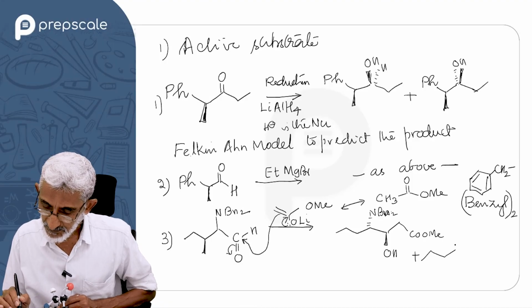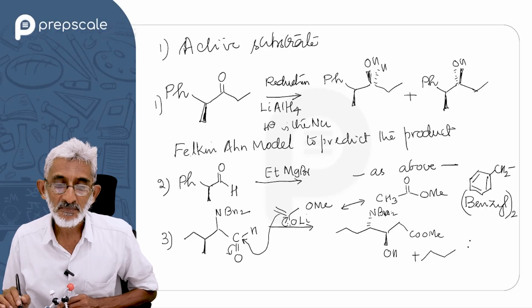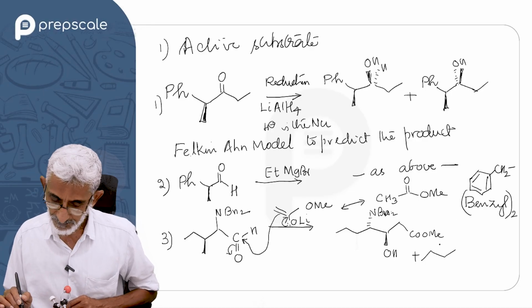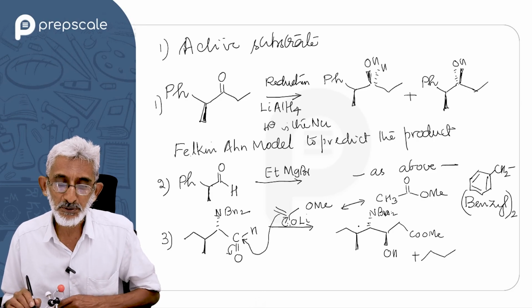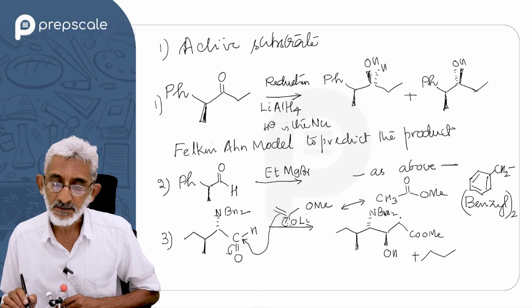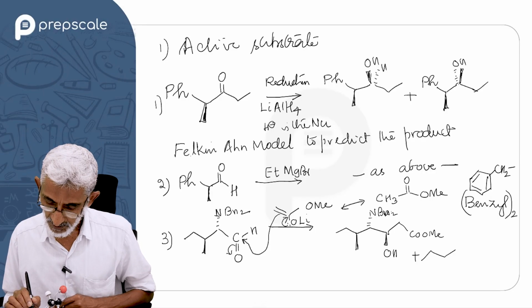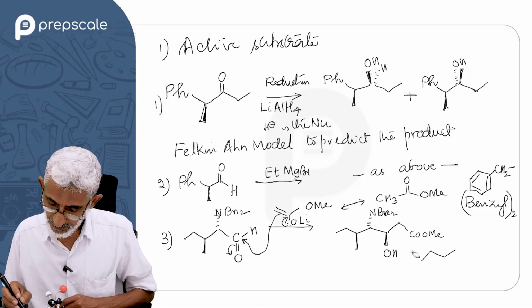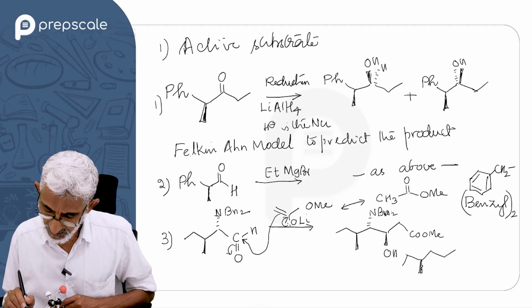Where do you have this NBn2? CHO. So it is attacking here. So already you have two chiral centers. So we have NBn2, OH here, plus, see this, it may look a little complicated, we'll make it very simple to understand.